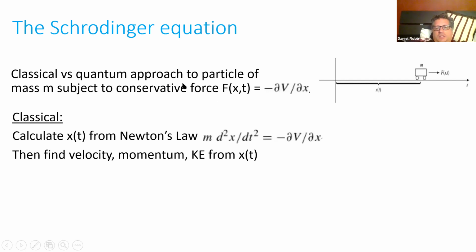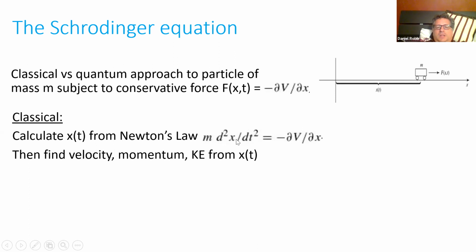So what would we do with this classically, this mass m subject to this conservative force? Well, we'd use Newton's second law, which is that F equals ma. So F is minus the partial of V with respect to x, and then m times a, where a is the second derivative of the position with respect to t.